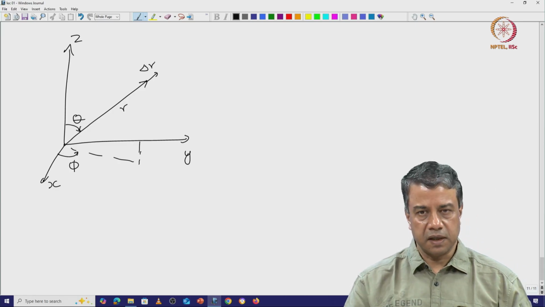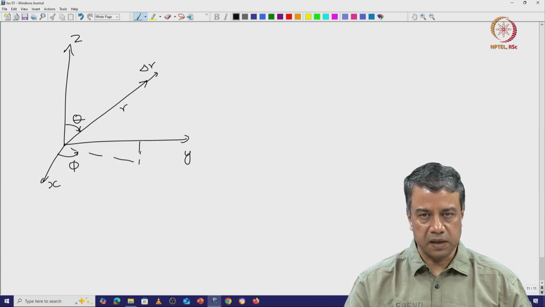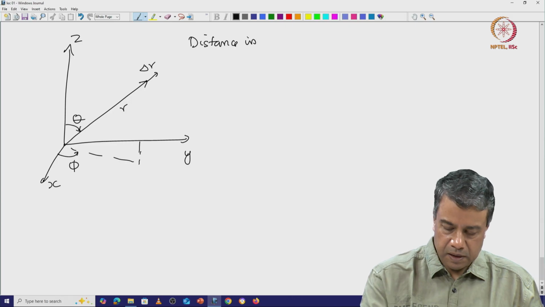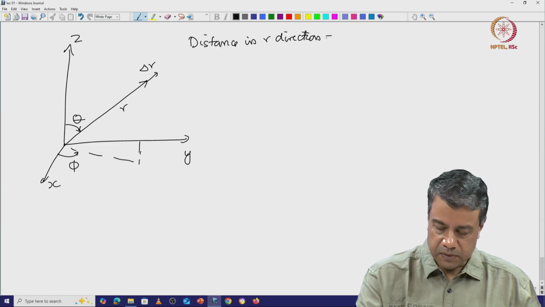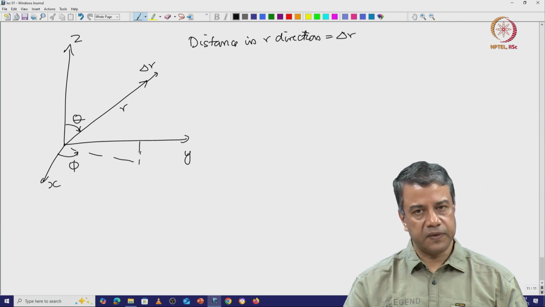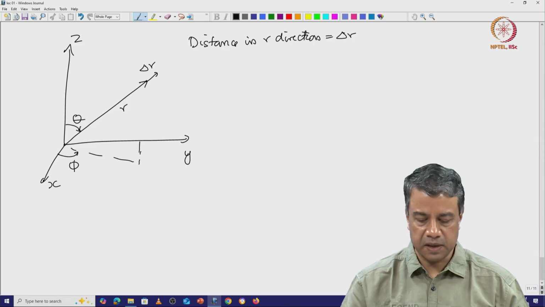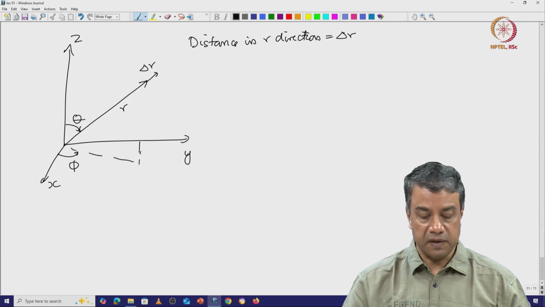If I change the radial coordinate by a small increment delta r, the distance travelled in r direction is equal to delta r itself.